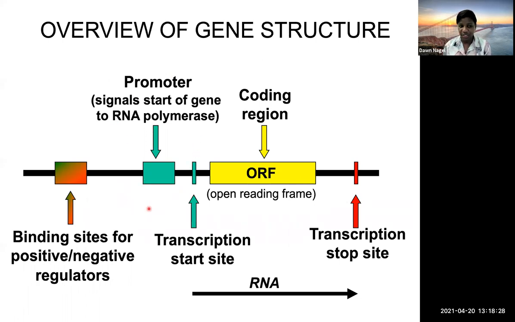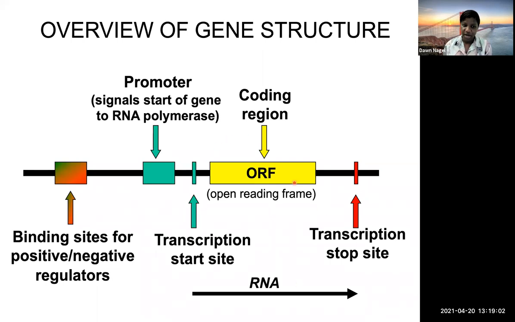It gets recruited to this location once everything that's required for transcription is present on this DNA and this promoter region. Then you start to transcribe the RNA. The place where the RNA starts is referred to as the transcription start site. And that will get transcribed all the way to the end, where there's a transcription stop site or termination site. This is the end of the information you need to make, okay?